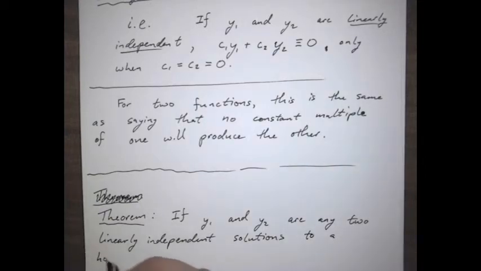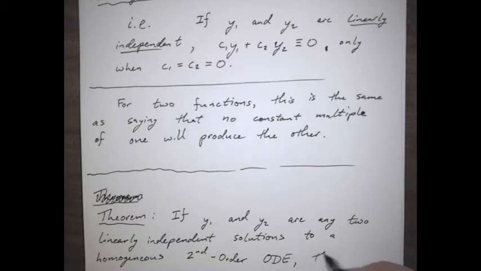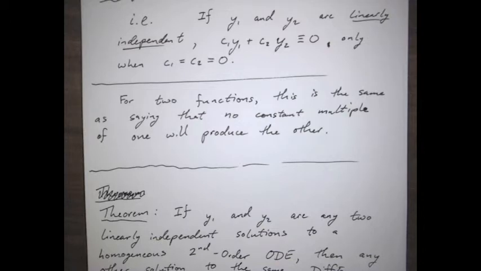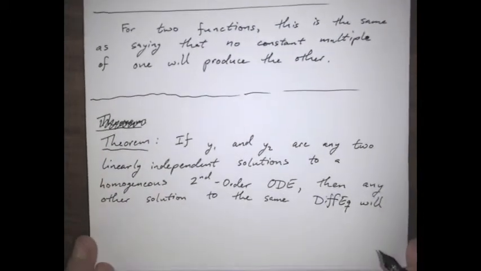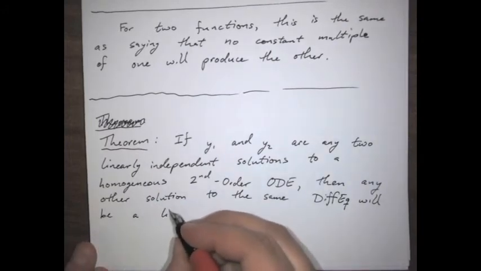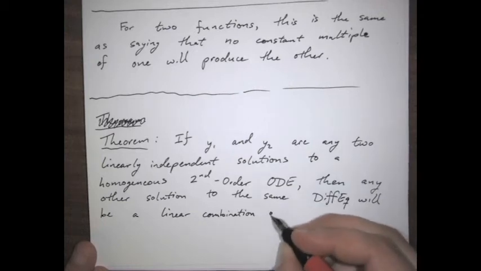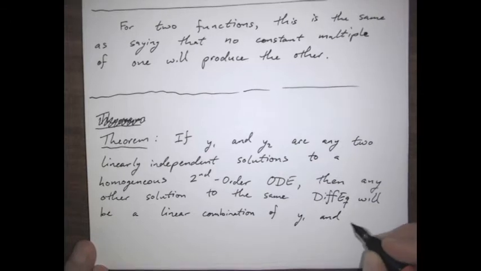to a homogeneous second order ordinary differential equation, then any other solution to the same differential equation will be a linear combination of y1 and y2.